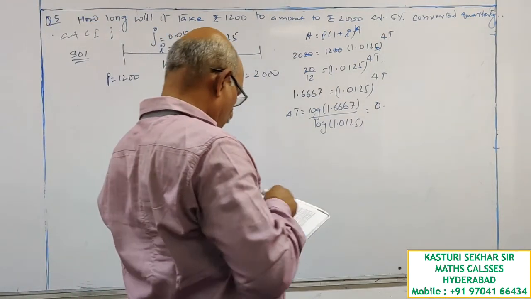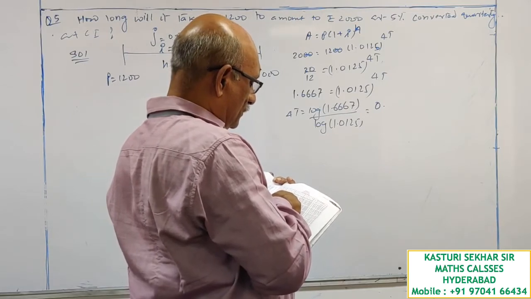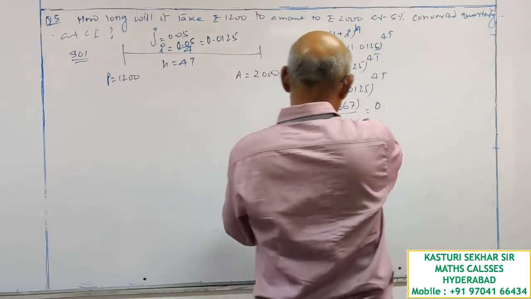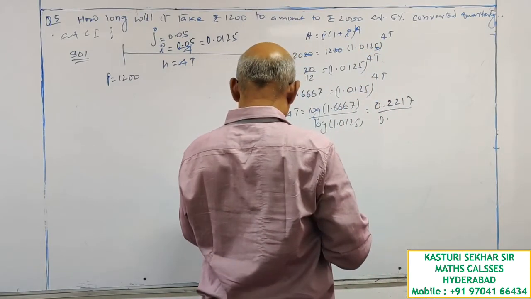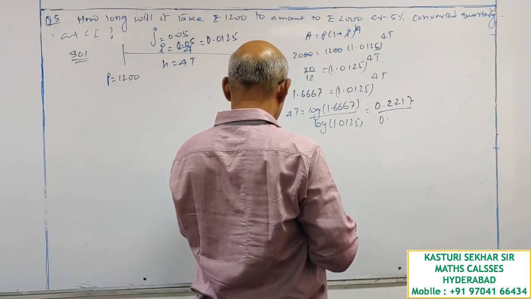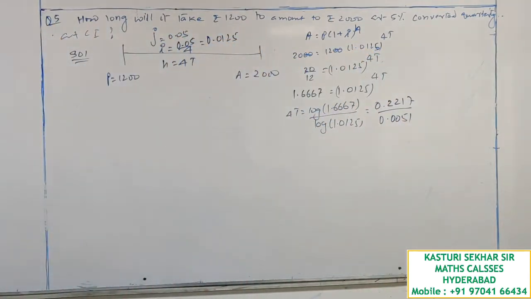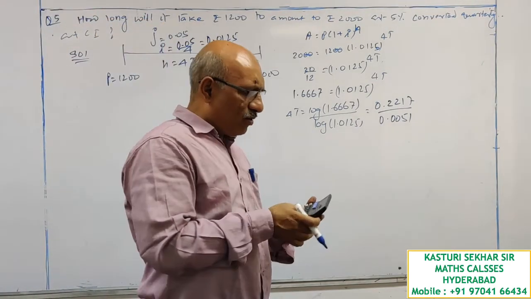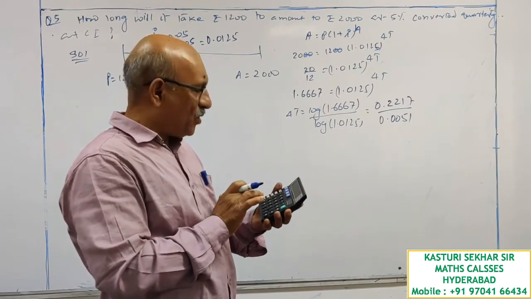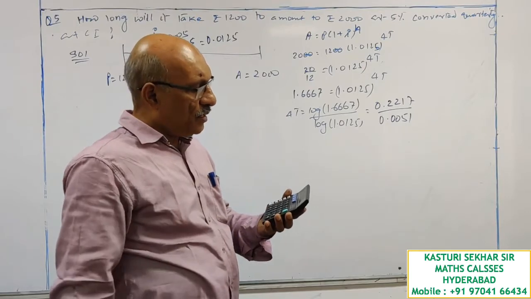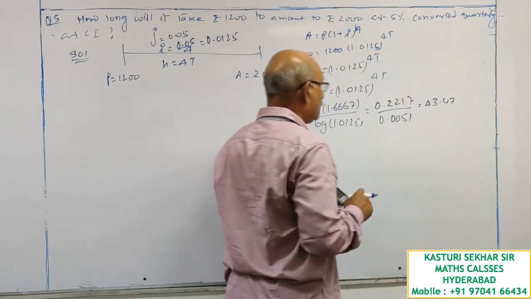You calculate log values on the calculator. 0.2217 divided by 0.0051 is 43.47.